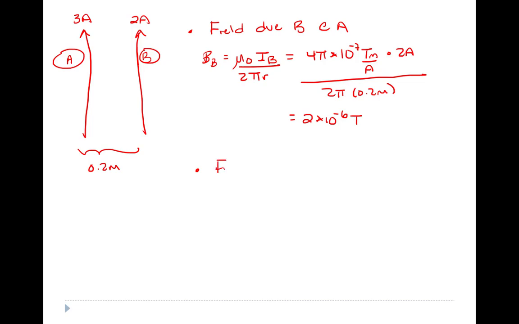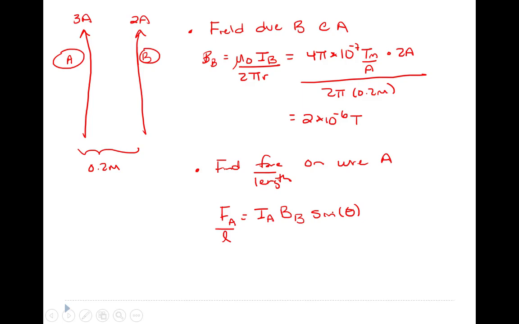Step 2 is to find the force per length on wire A. So the force per length on wire A will be the current in A multiplied by the field that it is living in, which is the field caused by wire B, times sine theta.